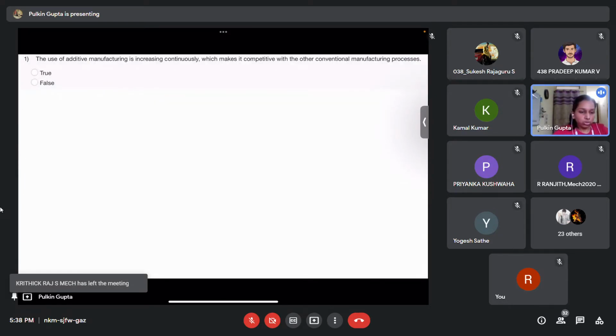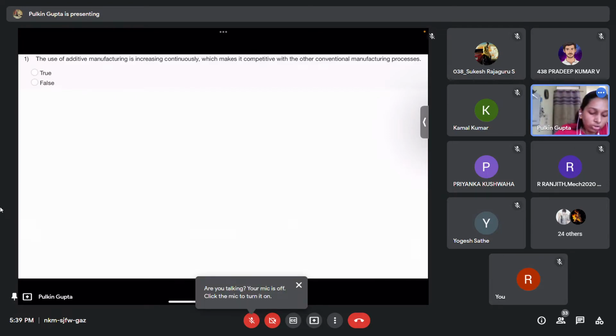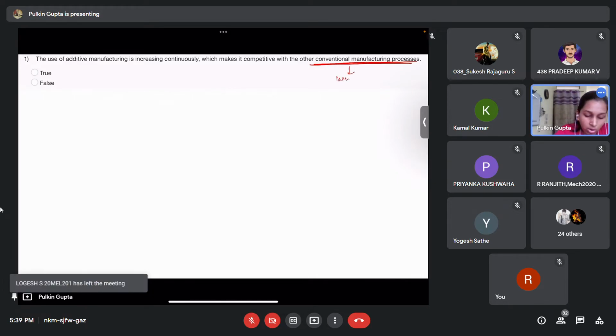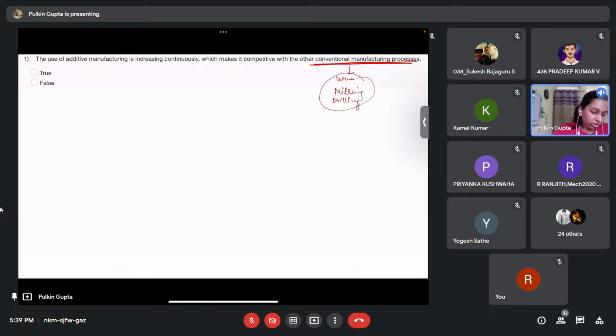So now let us go to some of the sample problems and solve them one by one. So the very first question is, the use of additive manufacturing is increasing continuously, which makes it competitive with other conventional manufacturing processes. So here, conventional manufacturing processes are the existing processes such as lathe or milling, drilling, or all the kind of subtractive technologies.